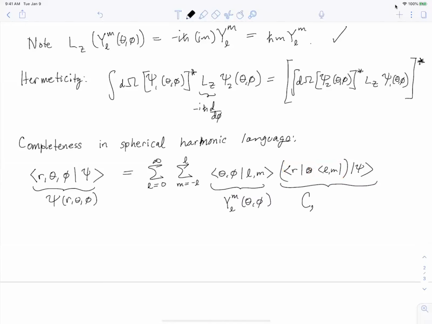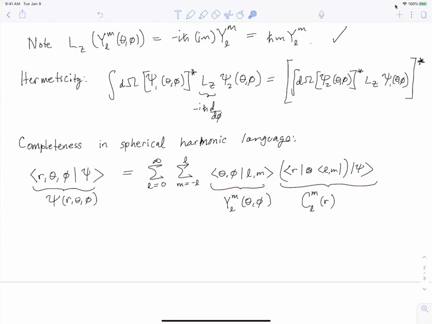I can label it by L and M, and it depends on R. Okay, notice it does not depend on theta and phi. There's no theta and phi in this. The theta and phi part has been moved entirely into this part, which is the spherical harmonics.